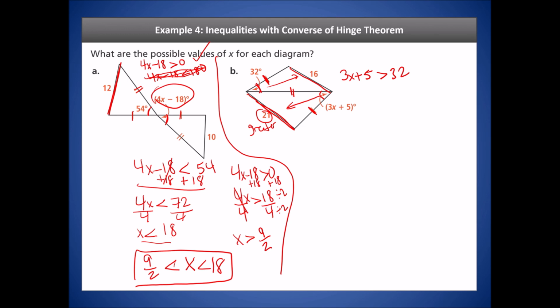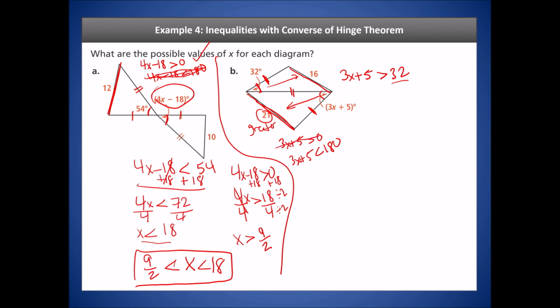Well, we already have that it's greater than 32. So I'm going to go ahead and rewrite those two inequalities to show you. Remember, for any triangle, any angle has to be greater than 0, but less than 180. So which one makes sense for this application? It doesn't make sense to use the first one because we already know that it's greater than 32, and therefore it's greater than 0, right?